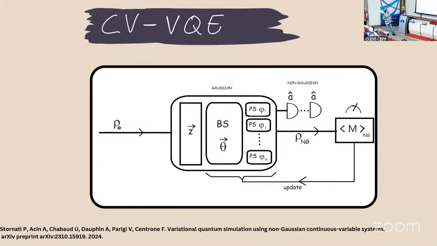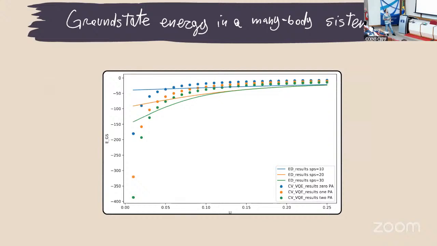But yeah. So we applied this first to a many-body system, in particular, Bose-Hubbard model. And here we see that in certain cases, the continuous variable optimizer gives a lower ground state energy than the exact diagonalization, showing that using continuous variables can be more precise somehow, can give more effective results.